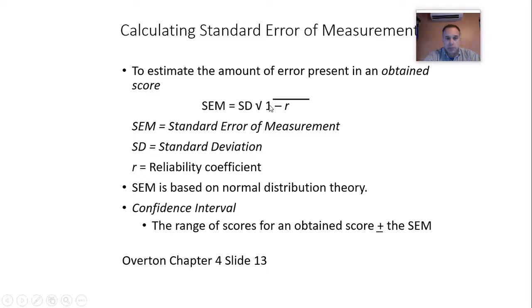And a small standard error of measurement is good because that means that your results are more valid and reliable. So having a number closer to 1 is a good thing.